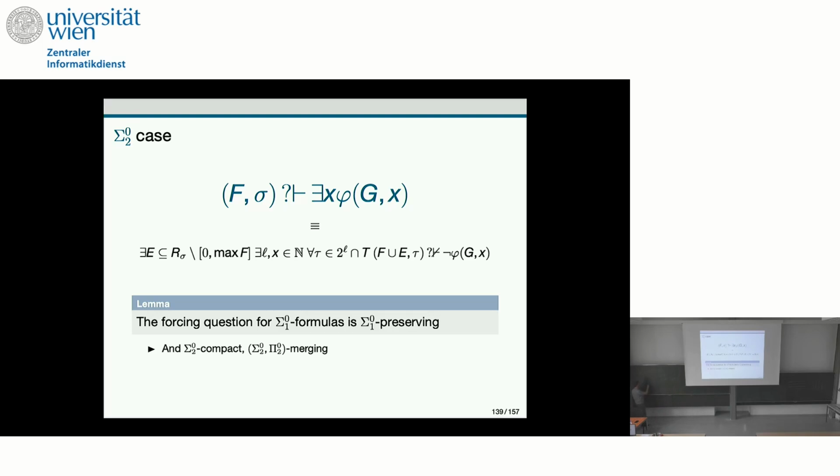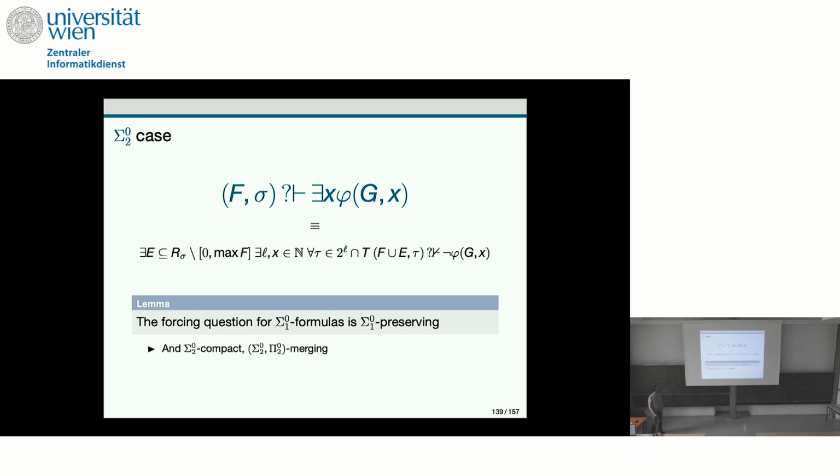So if the case is yes, you take F union E, you take tau, a tau which is of length L, which is extensible in T, and then you take T restricted to tau, which means that you take the sub-branch below it.